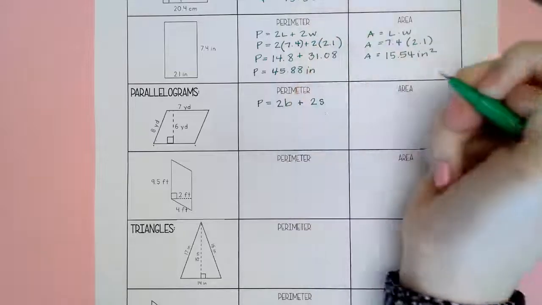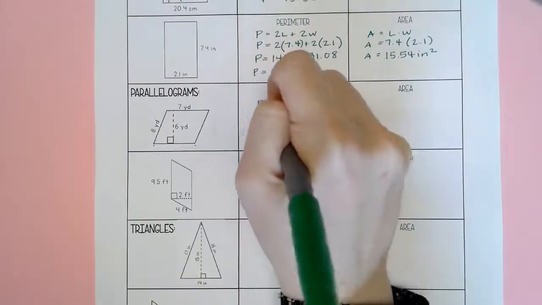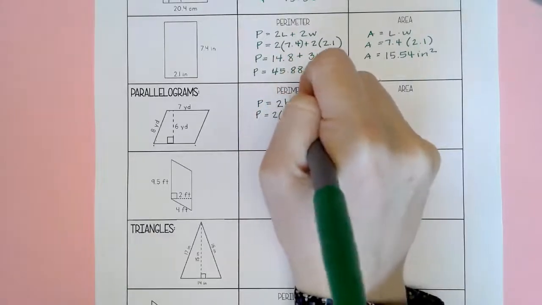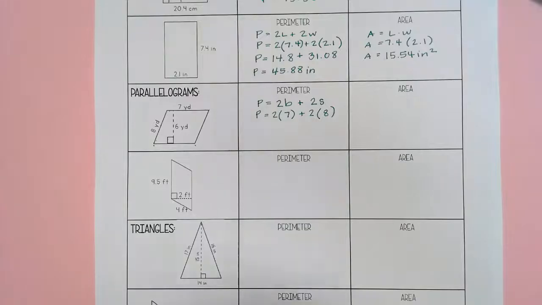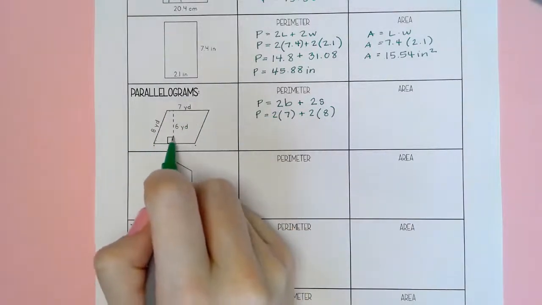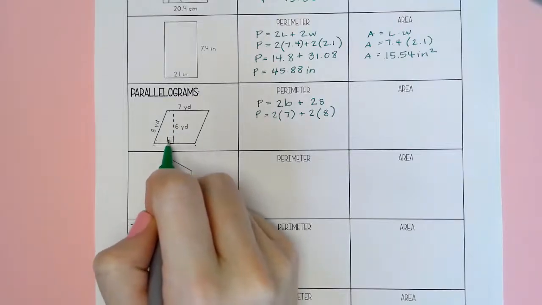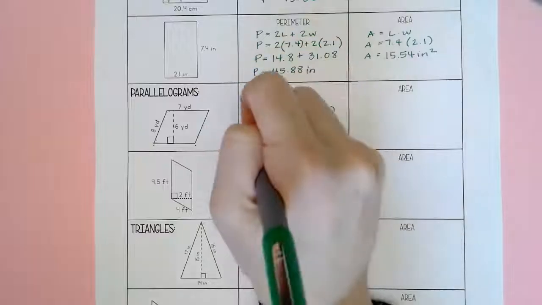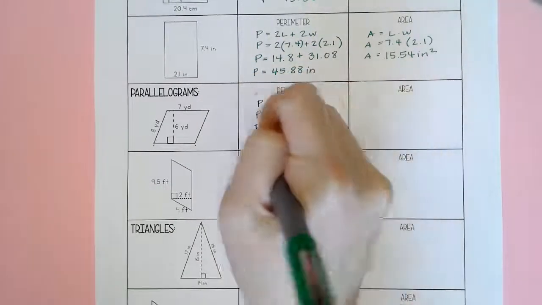So I'm going to put 2 times s. P equals 2 times the base is 7, plus 2 times the side is 8. Now you might be wondering how we know what the base is. The base is always perpendicular to the height. Perpendicular means it makes a right angle, right? So perimeter equals 14 plus 16.